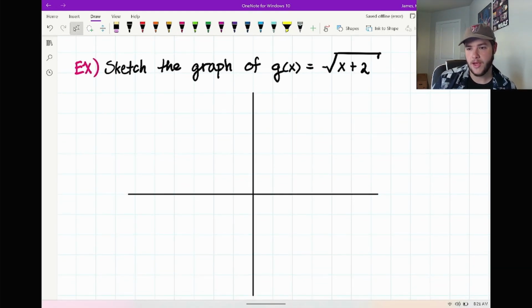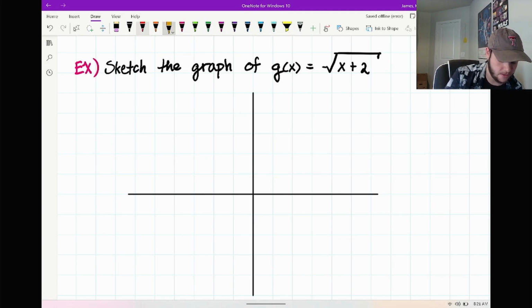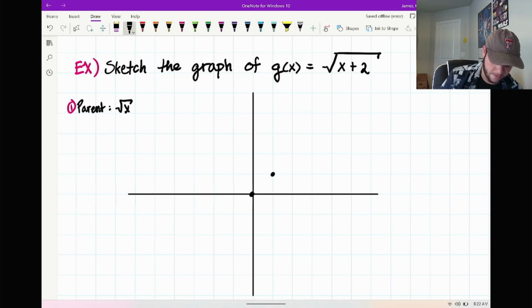This time, though, I've got a horizontal shift, because notice the input is being affected. For starters, I have the same parent function. My parent function is root x, so I can graph that guy really quick. Same parent function as before.